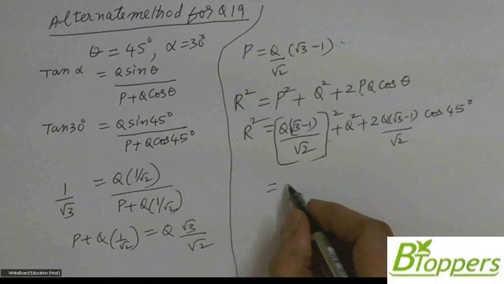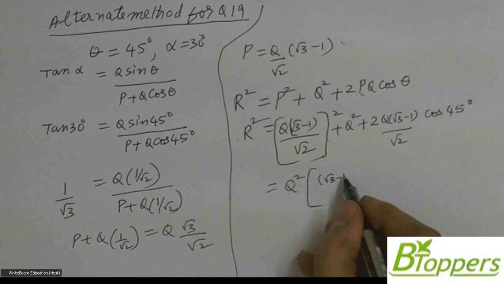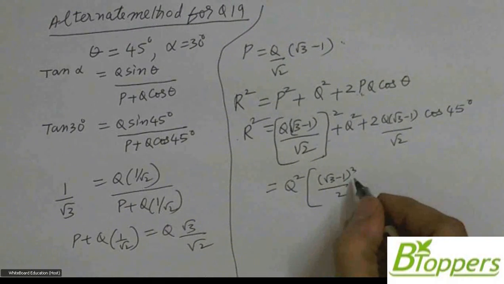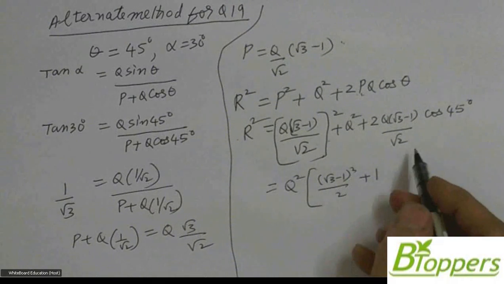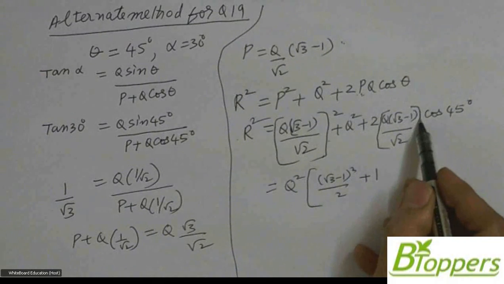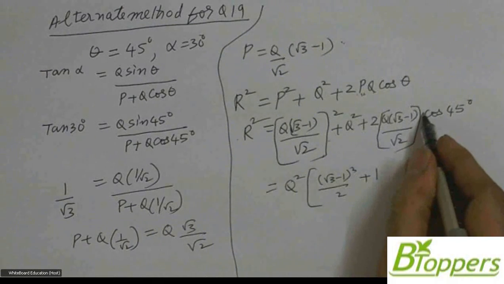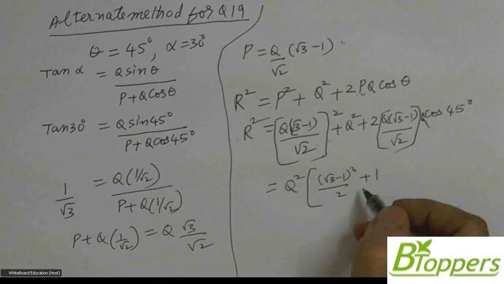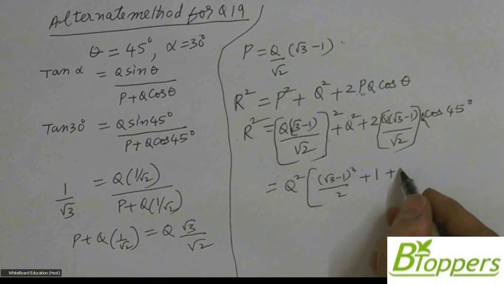So you get Q square into ((root 3 minus 1) whole square by 2) plus 1. This is the value of P which I have substituted here in place of P. Of course, you should also write Q here. Plus 1.